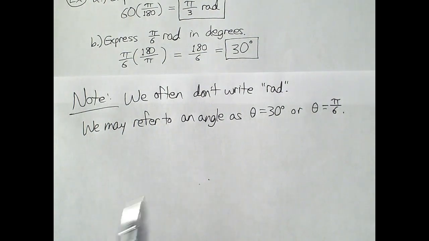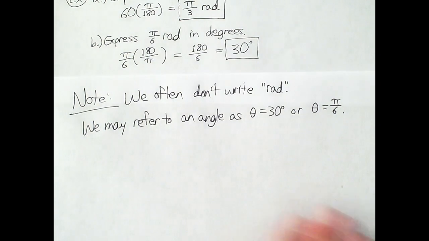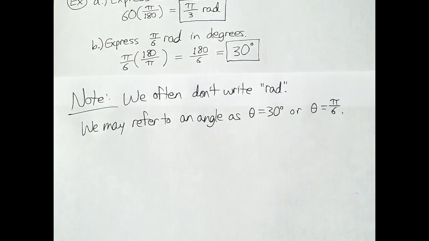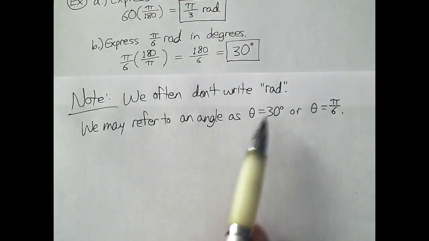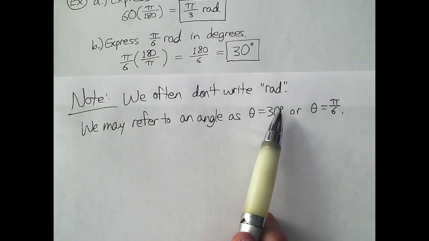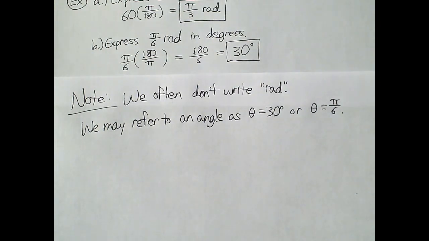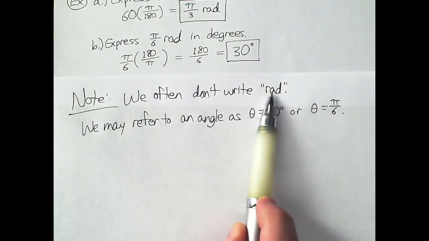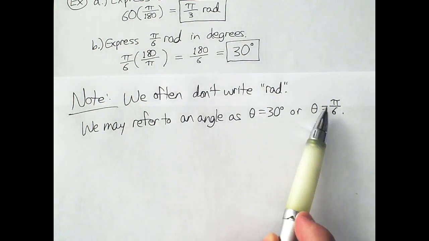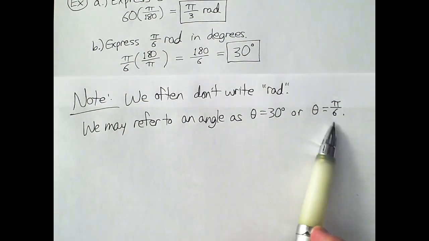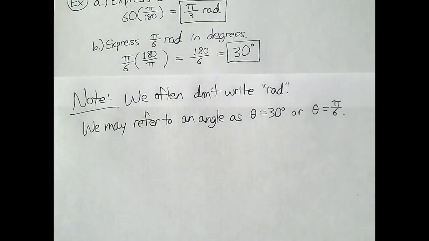And by the way, if you have an angle in a problem that you're working on and it says something like theta equals 60, look to see, is there a degree symbol next to it or not? Because if there's no degree symbol, then it's kind of implied that the angle is being measured in radians.